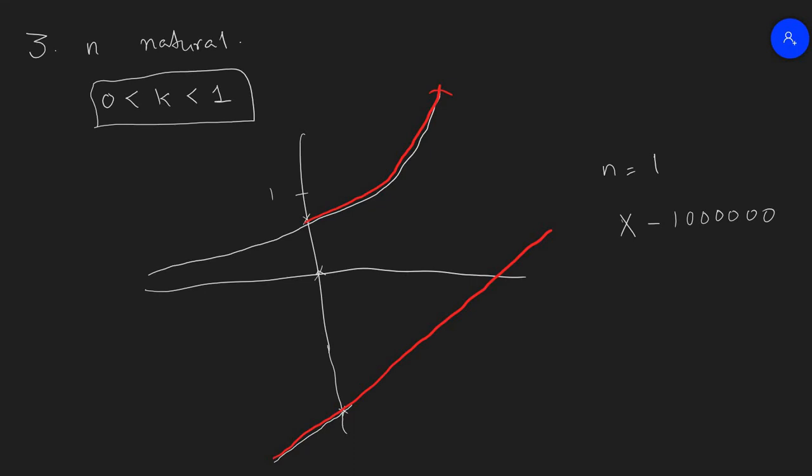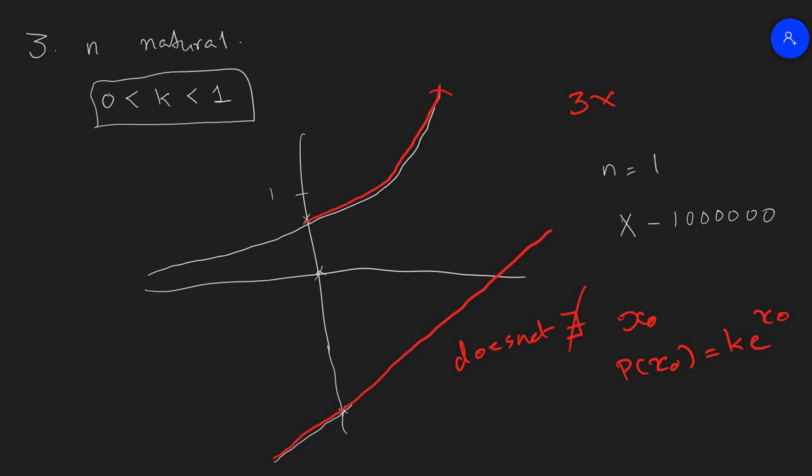These functions will never meet, whatever way. So we can say there does not exist an x naught such that they touch each other. We don't have such an x naught. So the third option is wrong.